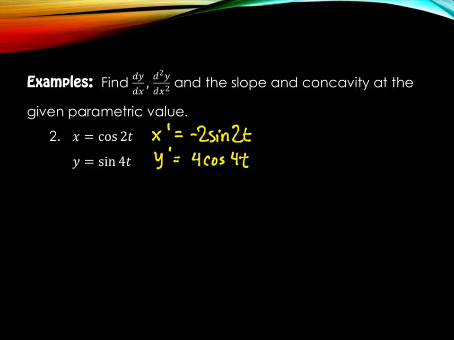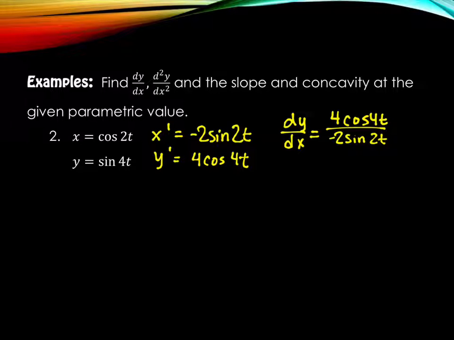Finding dy/dx would be to take the 4 cosine 4t and divide it by negative 2 sine of 2t. Is that okay? If we simplify a little bit, what are we going to get?